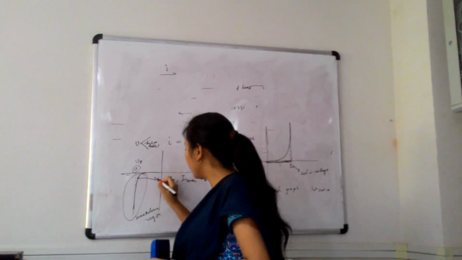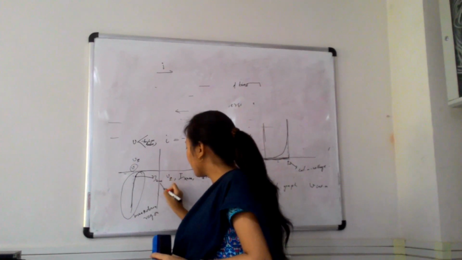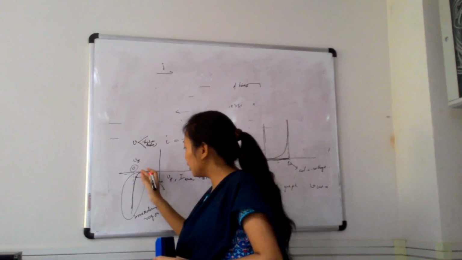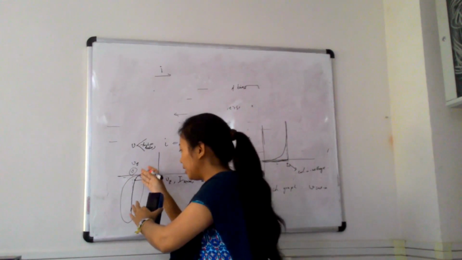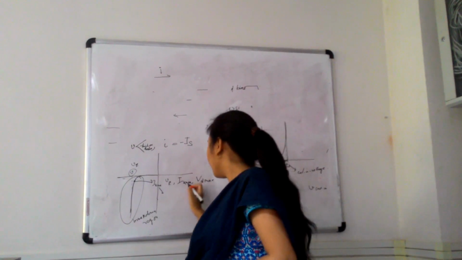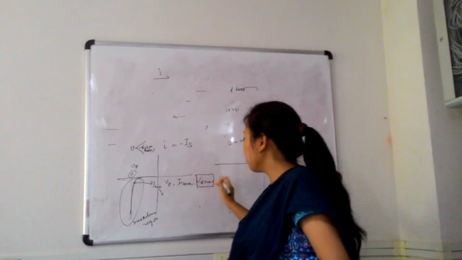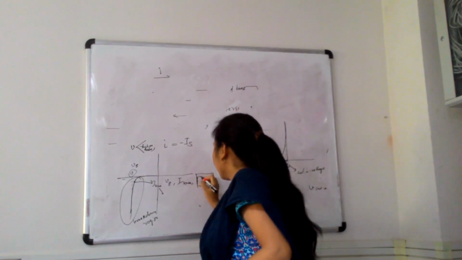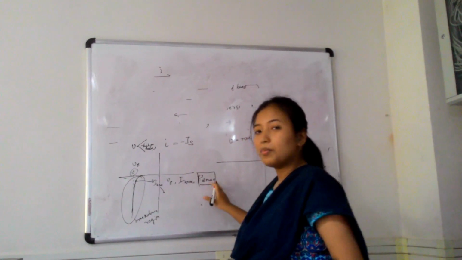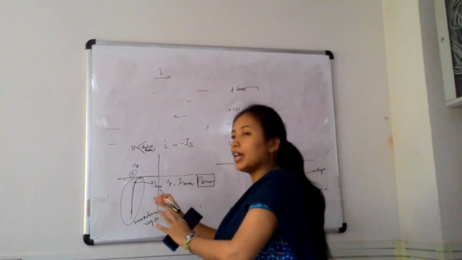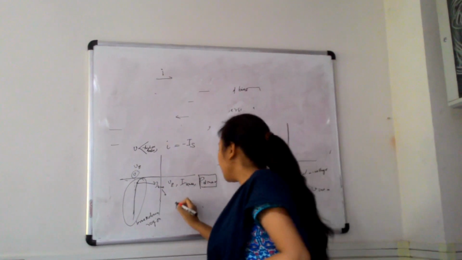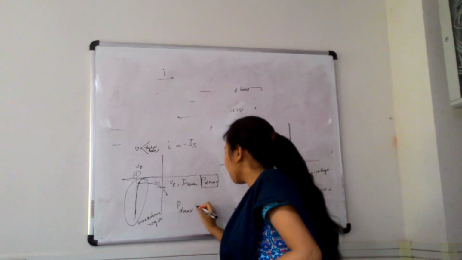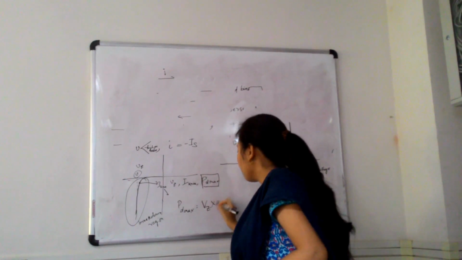I knee is the current after which the current increases rapidly at a constant rate. And PD max is the maximum power dissipation after which the diode will not work. So PD max will be given by VZ into I.